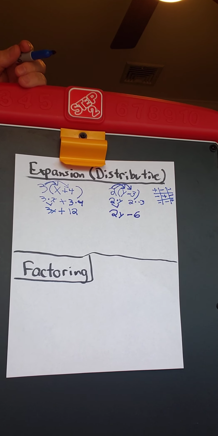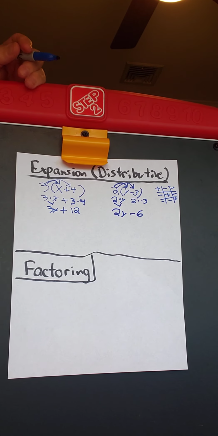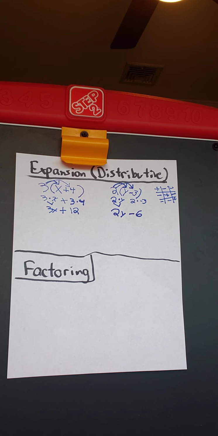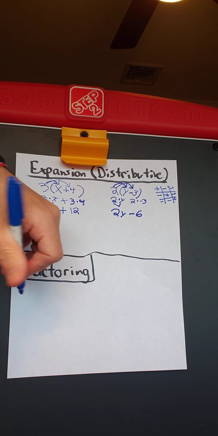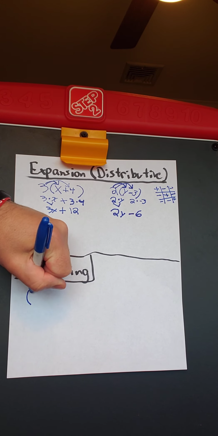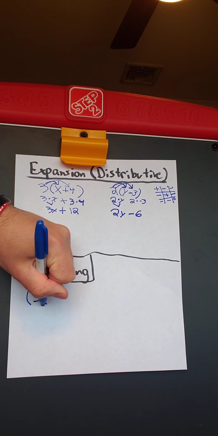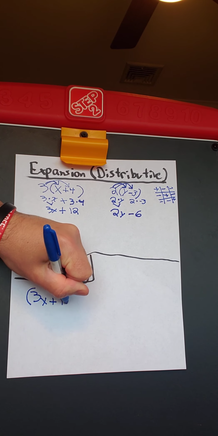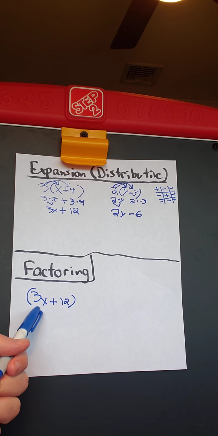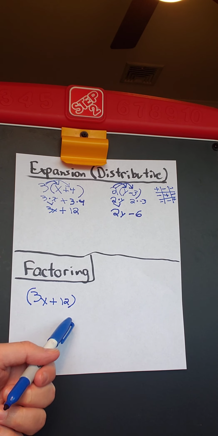So expansion and distributive property is very important because when it deals with factoring, it is actually the reverse. So the first example for factoring, let's go 3x plus 12. So you start off with 3x plus 12. Now, if you look at both terms, we have a 3x and we have a 12.